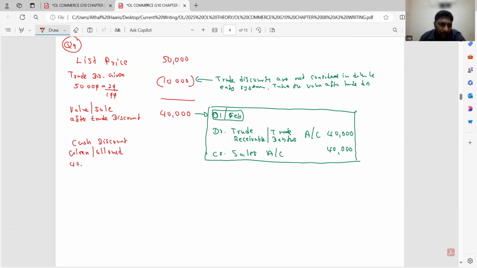Always you have to take it for the receivable or payable value, 40,000. Don't take it for the list price. 10% means 4,000. So 36,000.